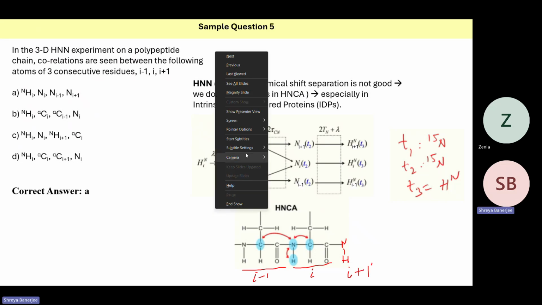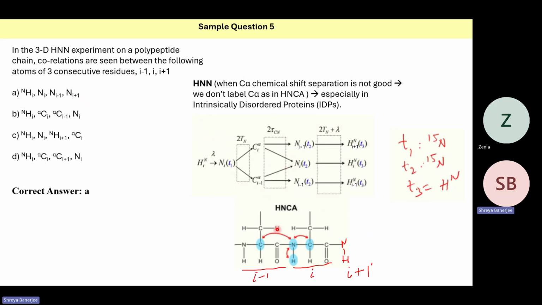So the initial part is similar to HNCA. From the amide hydrogen of the I residue, it goes to the C alpha of I and I minus 1. So up to here, it is similar to that of HNCA.